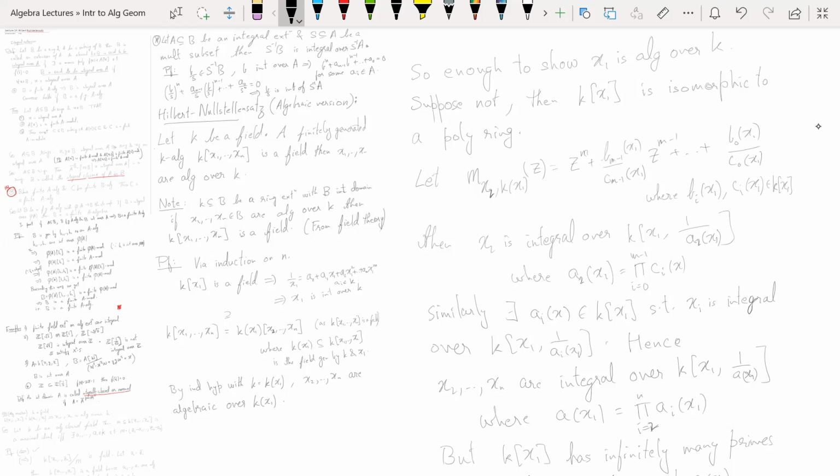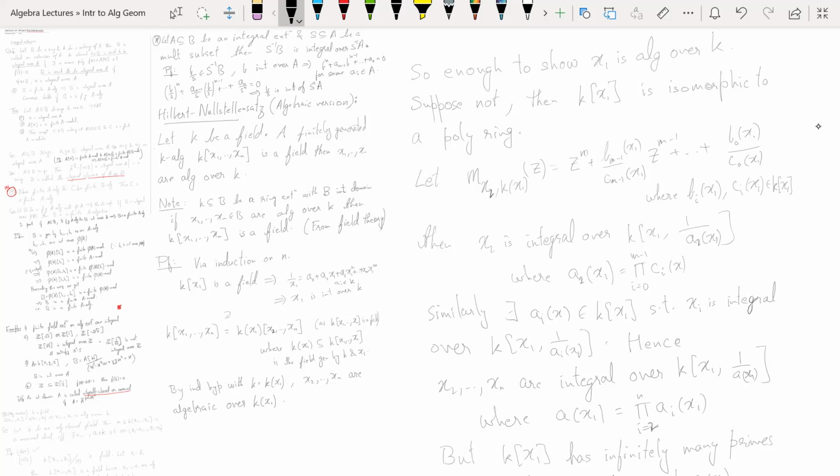So what we do is, if we expand this ring k[x1] by inverting c_0 to c_{m-1}, then what we conclude is that x2 is integral over k[x1] adjoined the inverses of the c_i's. So x2 is integral over k[x1][1/a2(x1)], where a2 is the product of these c_i's, because now the coefficients are in there.